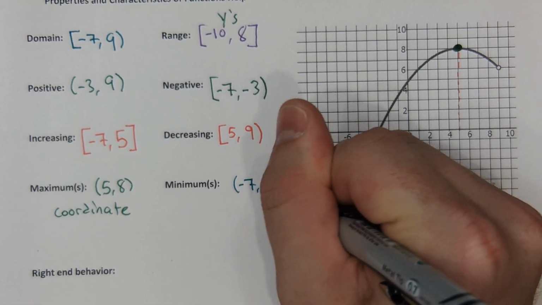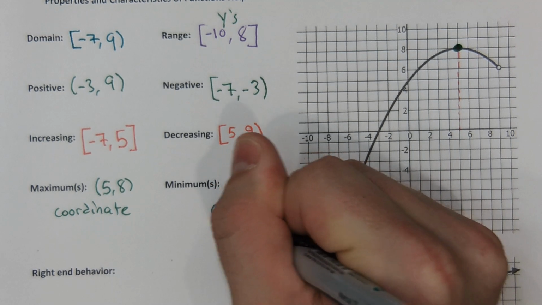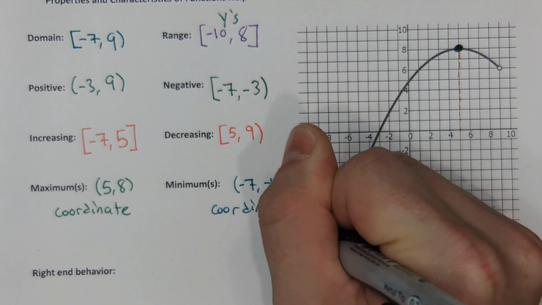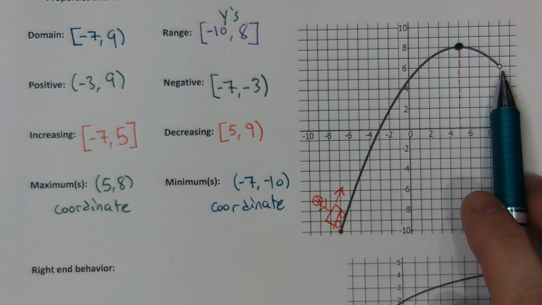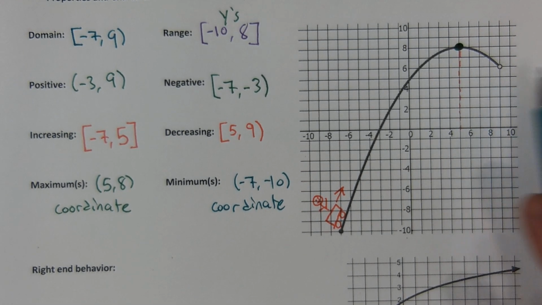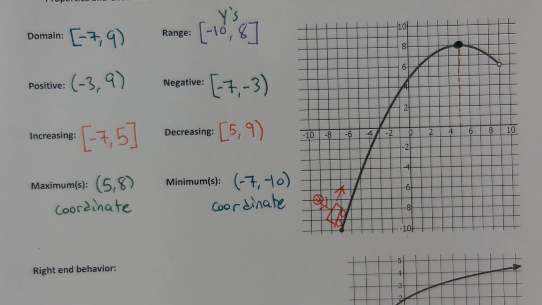Again, this is a coordinate, not an interval. So yes, endpoints can count as maximums and minimums, and because this dot does not exist, it cannot be a maximum or a minimum. If it was closed, it would be a local minimum because it would be the lowest thing in its general vicinity. Okay? I hope that that clears up domain, range, positive, negative, increasing, decreasing, and extrema.